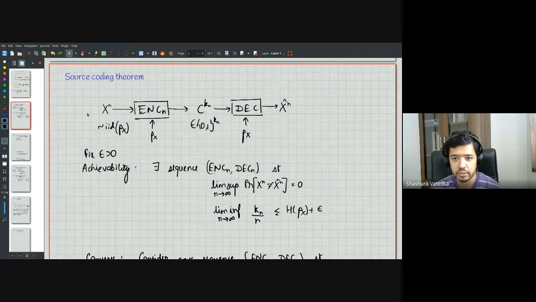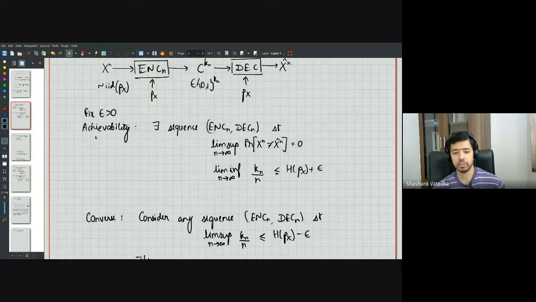Right? So that is what Shannon's source coding theorem says. And this is for a single source, and you want to just compress an IID source, right? And you can prove this for more general distributions. So in fact, as long as you have a stationary and ergodic sequence, then you can compress it at a rate close to the entropy rate of the source, and you can prove similar achievability and converse results.